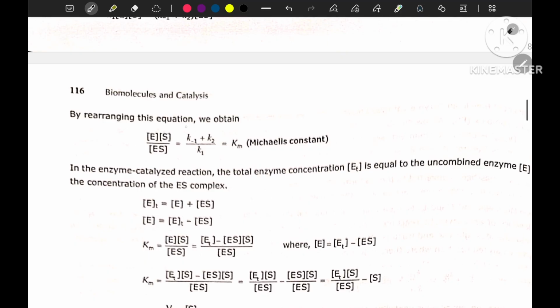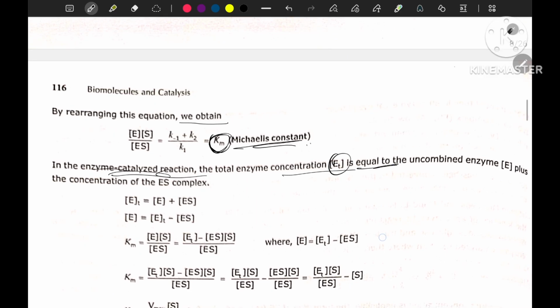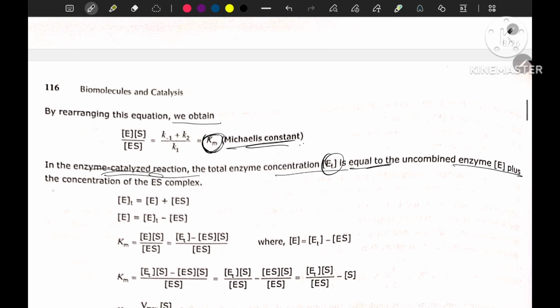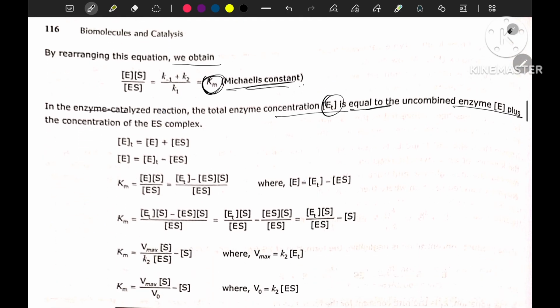By rearranging this equation, we are just dividing them now, and we obtain Km, the Michaelis constant. In the enzyme catalyzed reaction, the total enzyme concentration ET is equal to the uncombined enzyme plus the concentration of the ES complex. ET is equal to E plus ES, so E is equal to ET minus ES.